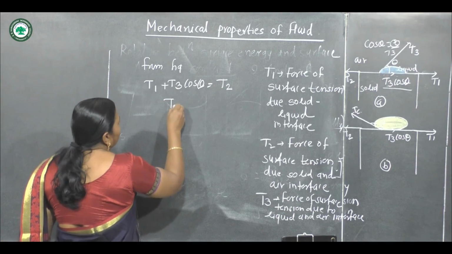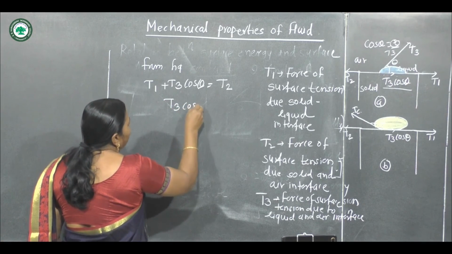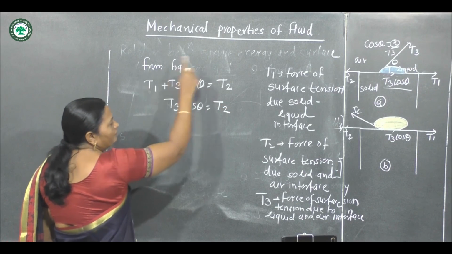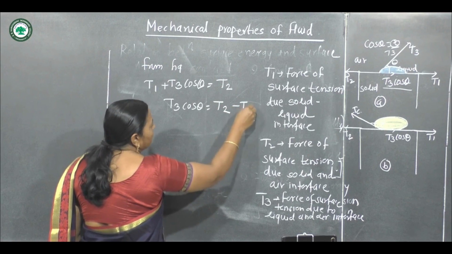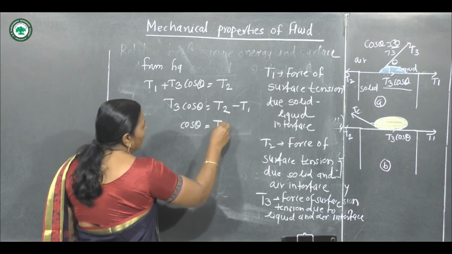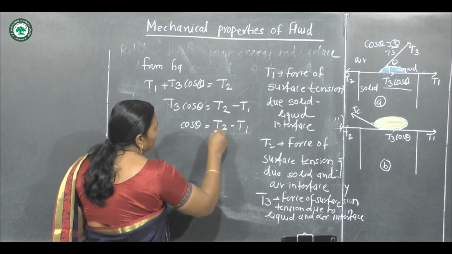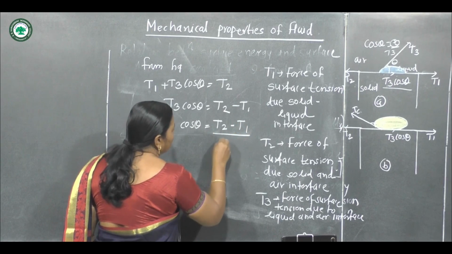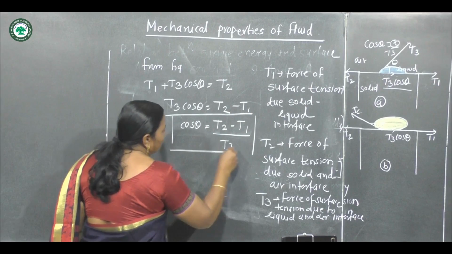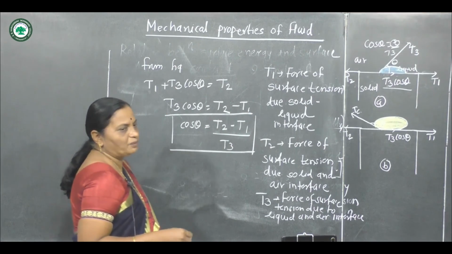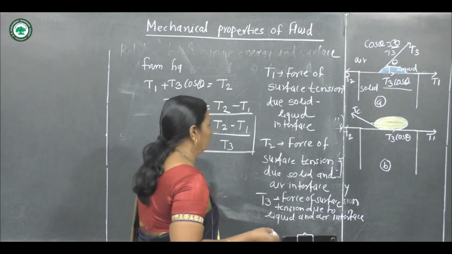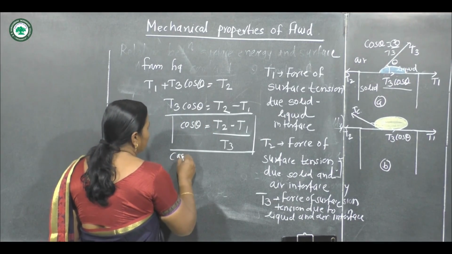Rearranging the equation, we get T3 cos theta is equal to T2 minus T1, and dividing by T3, cos theta is equal to (T2 minus T1) divided by T3. From this equation, we can find the angle of contact may be positive, may be negative, or may be equal to 1. See, we consider the cases.